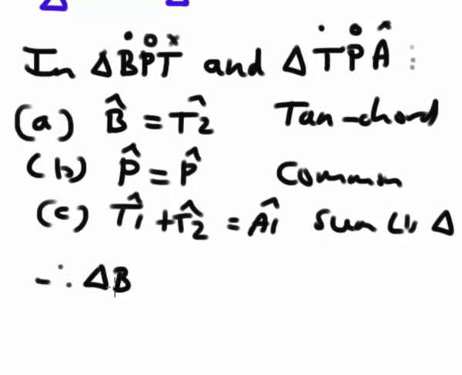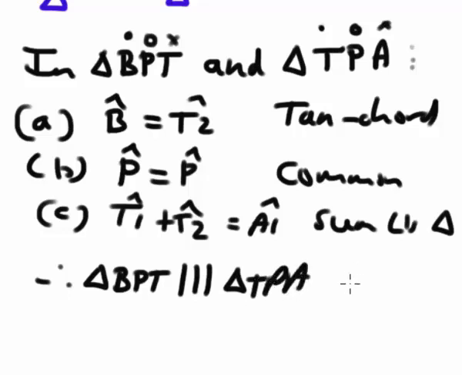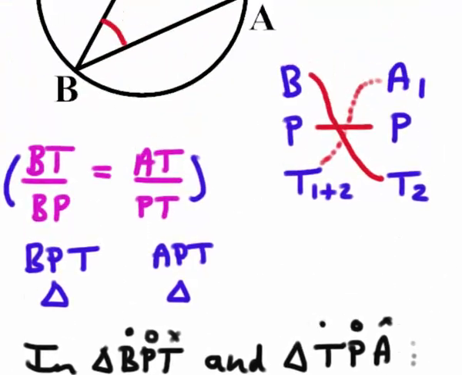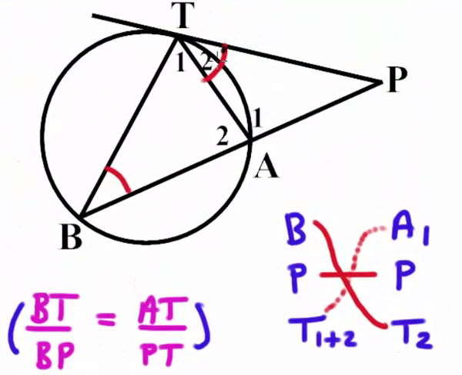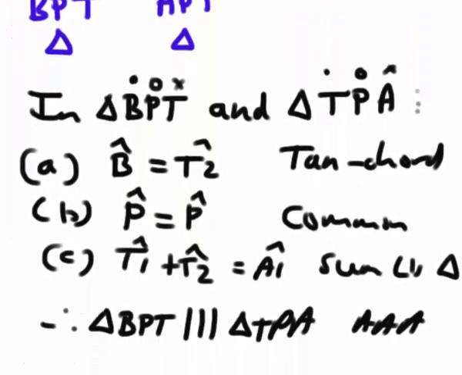So therefore triangle BPT is similar to triangle TPA, three pairs of equal angles. Remember, T2 is equal to B, angle P is equal to angle P common, and A1 and T1 plus T2 are equal via the sum of the angles of a triangle.